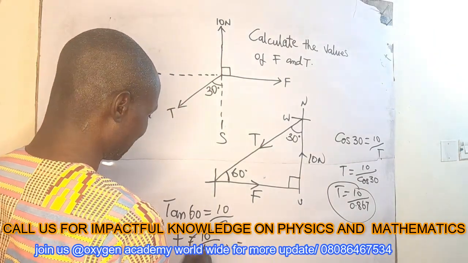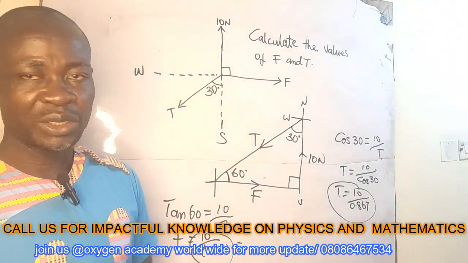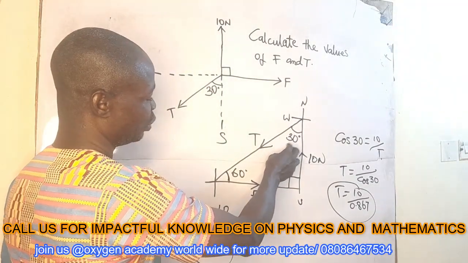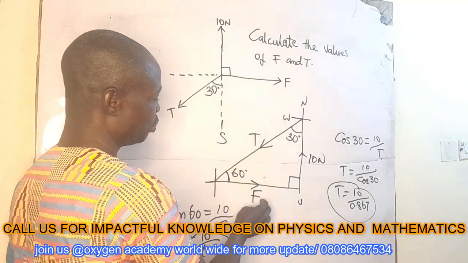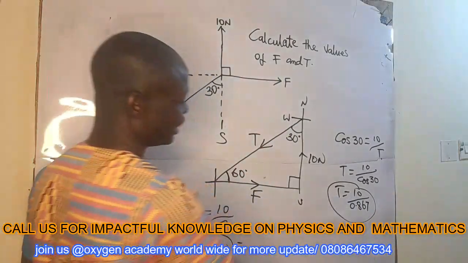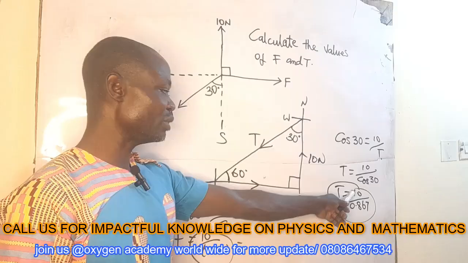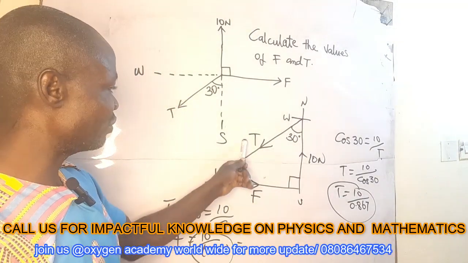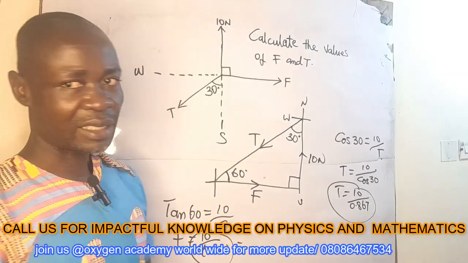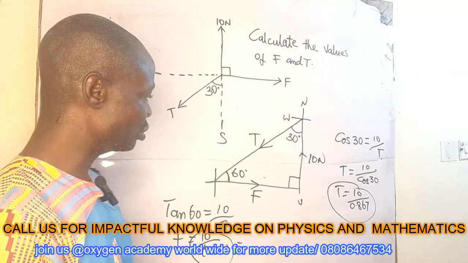That gives me the answer. I can equally use opposite over hypotenuse. Having gotten this, using a calculator to divide this and then using the value of T will equally give me the answer there. So that is how to draw it.